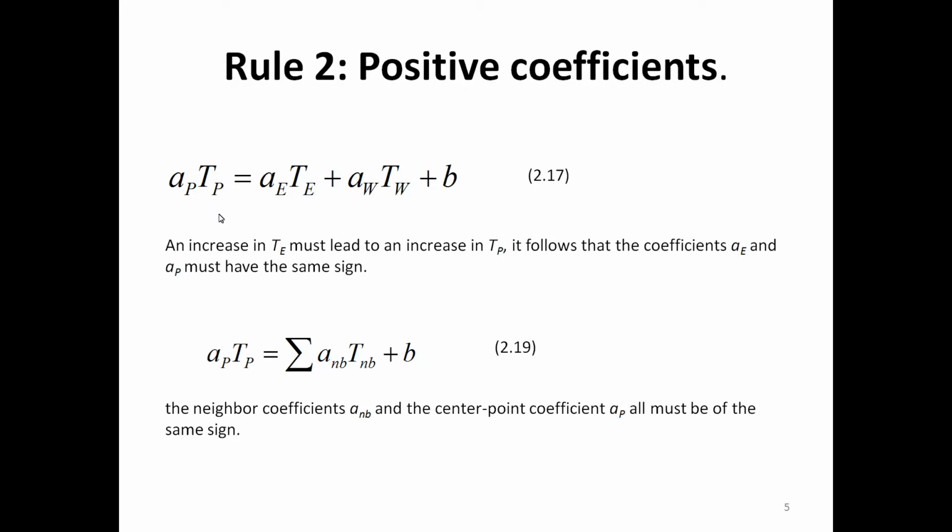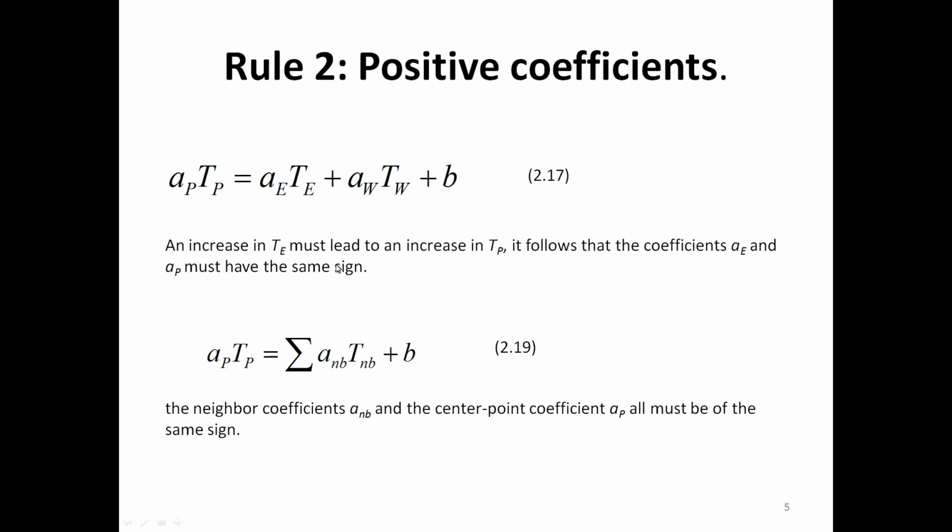In equation 2.17, if an increase in T sub E must lead to an increase in T sub P, it follows that coefficients a sub E and a sub P must have the same sign.